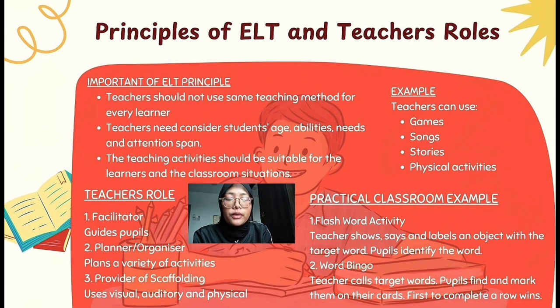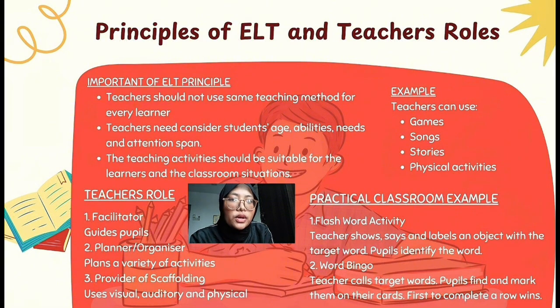Next, I will talk about classroom examples. First is the flash word activity. The teacher shows a word card, for example, door. She will say the word out loud and stick it on the door. So whenever the students come into the class, they will find the word and try to pronounce it, and they will remember it in no time. Second is word bingo.